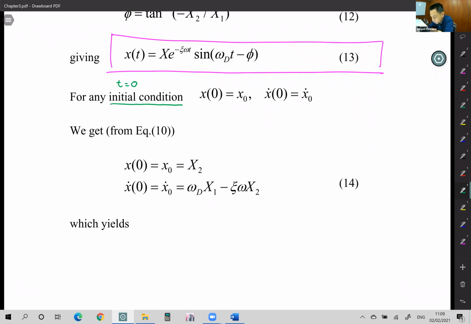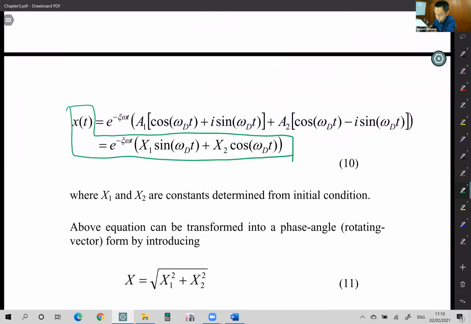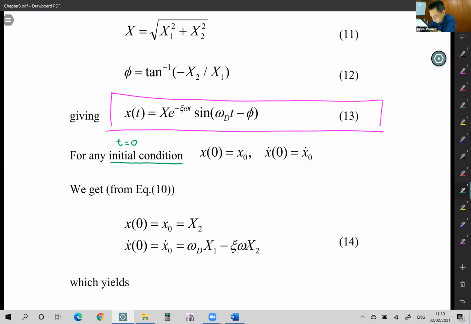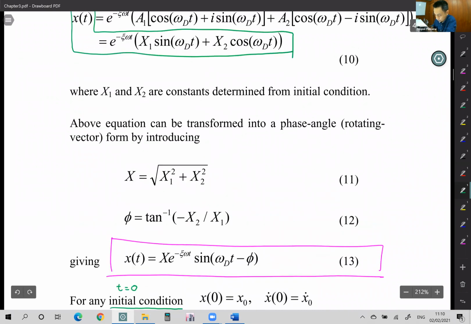At time t equal to 0, I assume that the displacement of my system is x0 and the velocity is x dot 0. In this case, if I use equation number 10 as my solution, look at equation number 10.